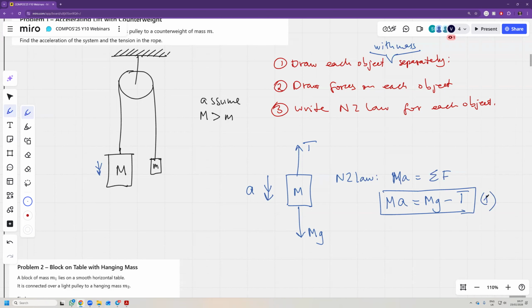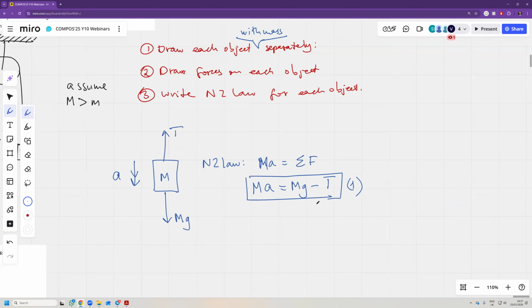Now for the second mass, small m, it's going to be accelerating upwards, because of the constraint.